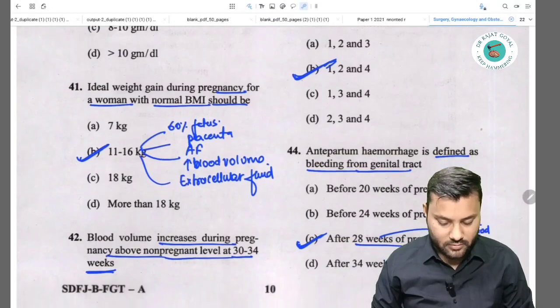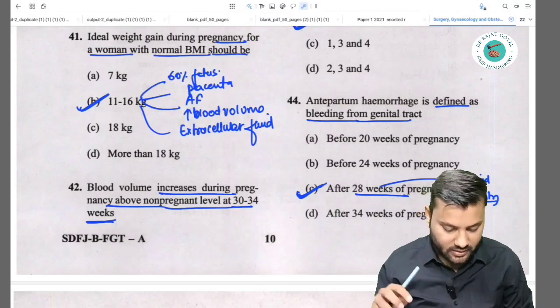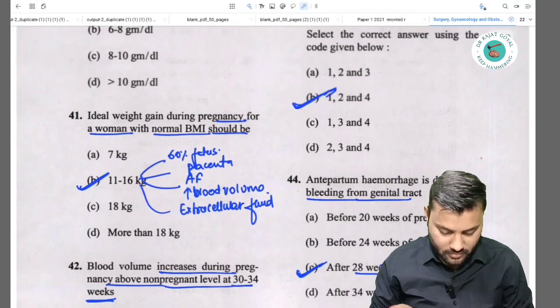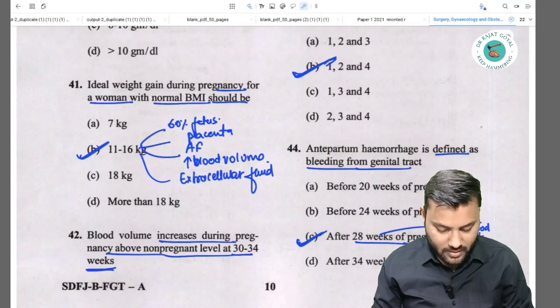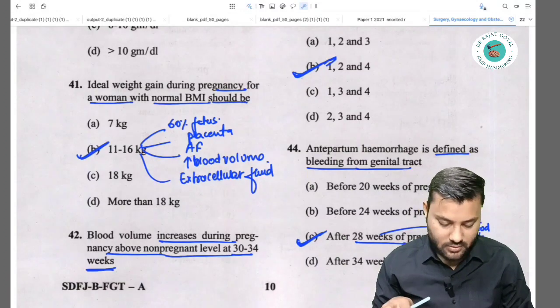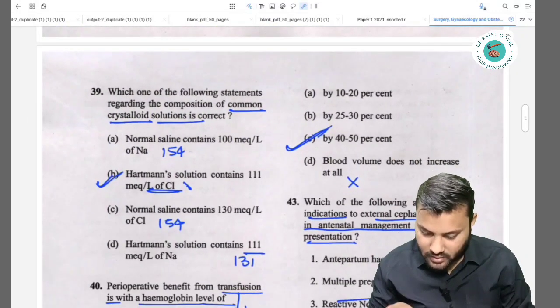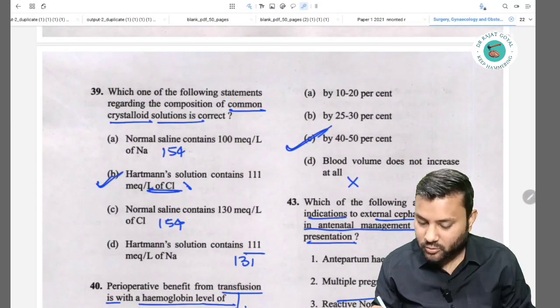Blood volume increase during pregnancy above non-pregnant level at 30 to 34 weeks is by 10 to 20%? No, by 25 to 30%?